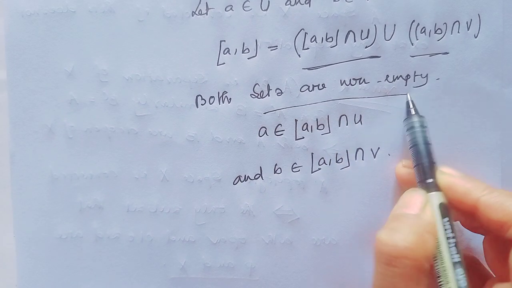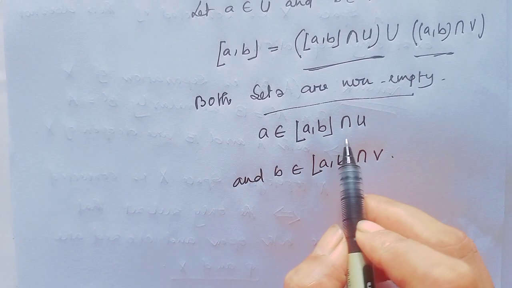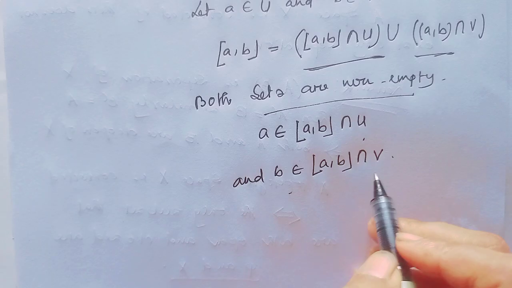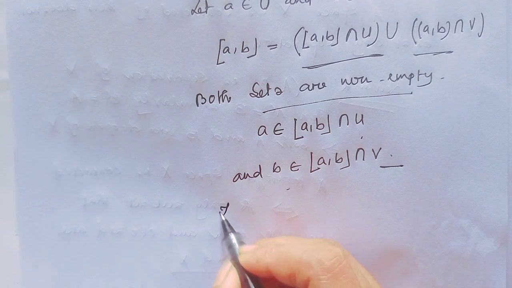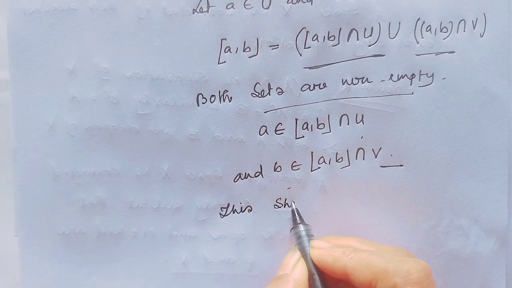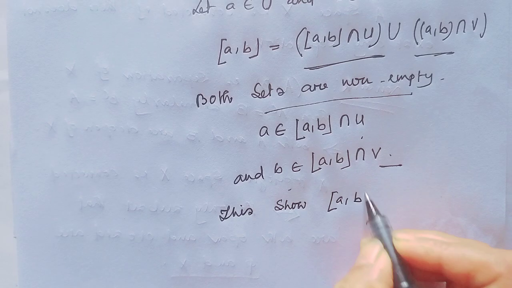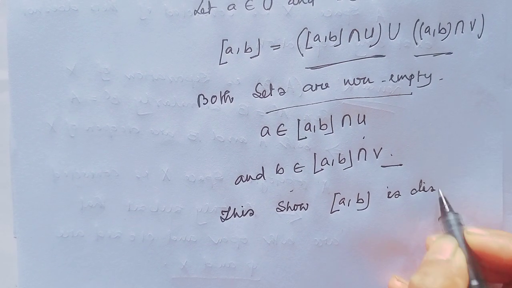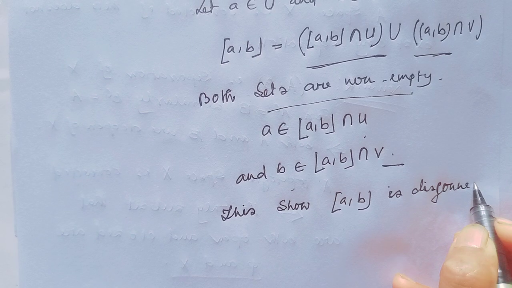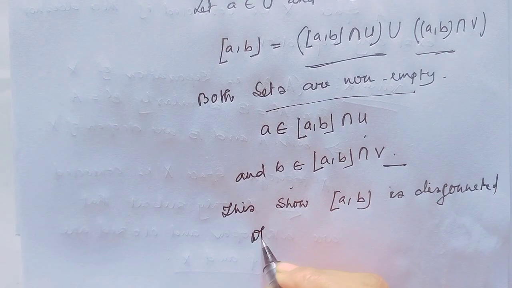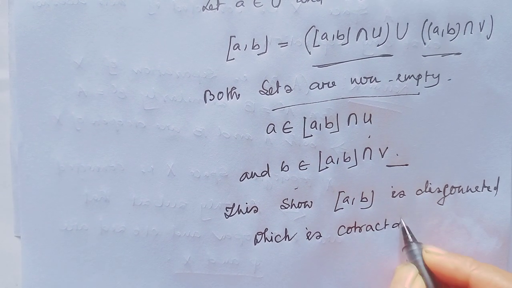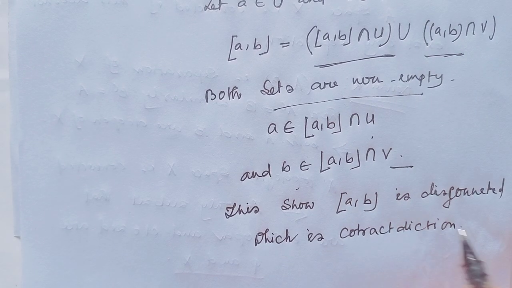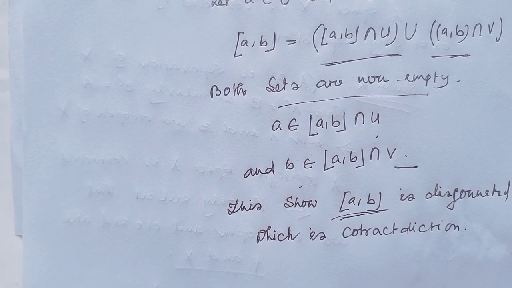Both sets are non-empty, as a belongs to [a, b] intersection U and b belongs to [a, b] intersection V. This shows that the closed interval [a, b] is disconnected, which is a contradiction, because I have shown a few minutes ago that in R every interval is a connected set.